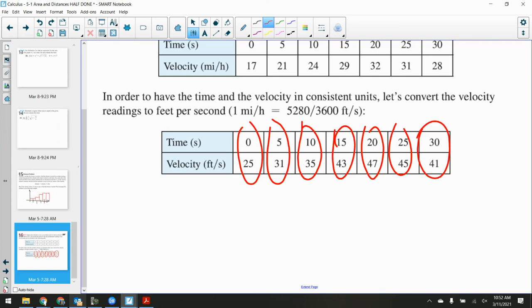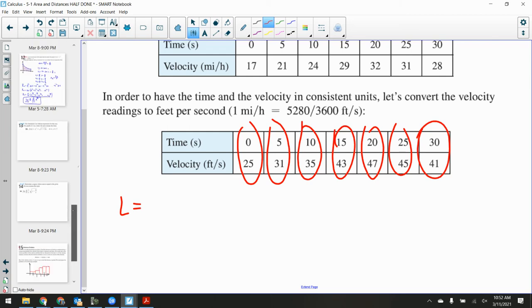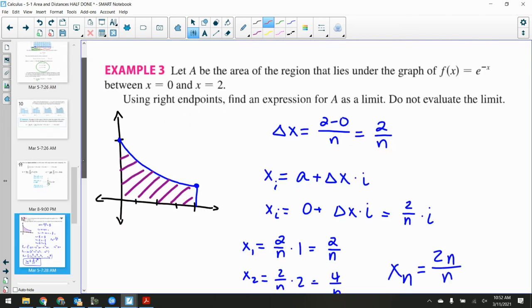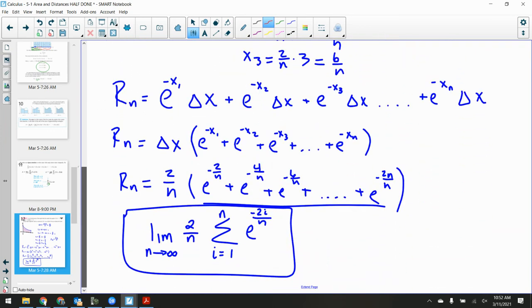So let's find the lower boundary. Let's find the L sum. To do so, think back to here. I'm going to find the change in x, the interval, times the sum.